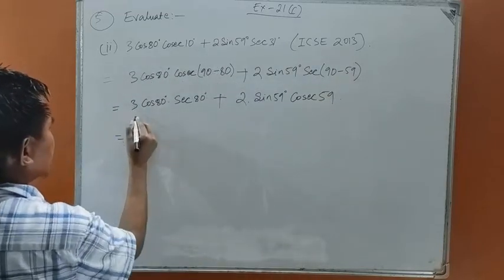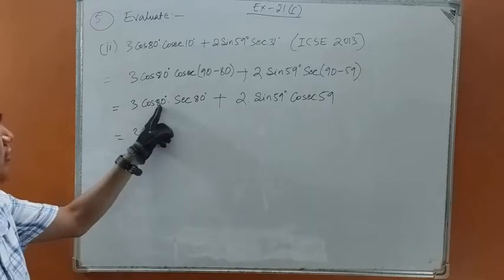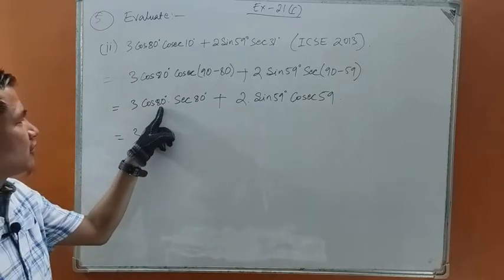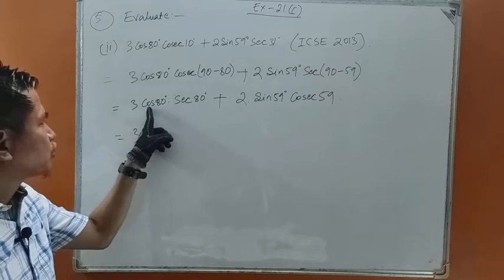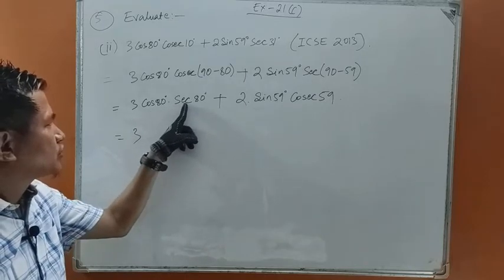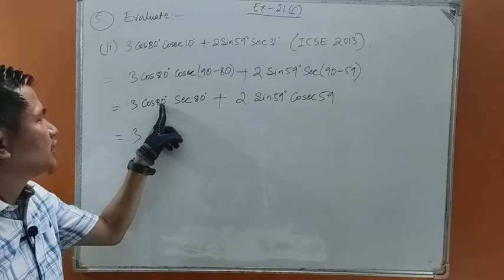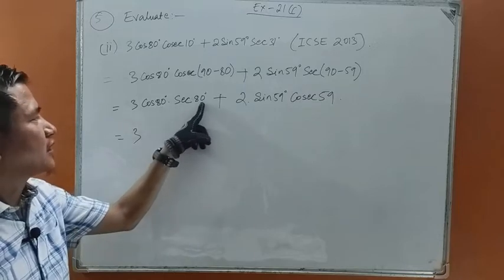So we have 3. Here you just see the angle. If the angles are the same, then only we can apply the formula. So cos 80 into sec 80 means cos theta into sec theta. Angles are same.